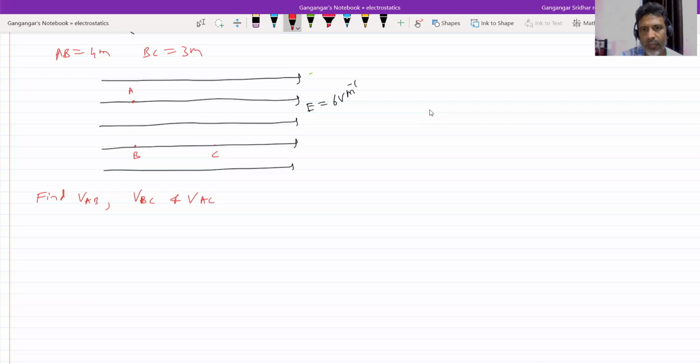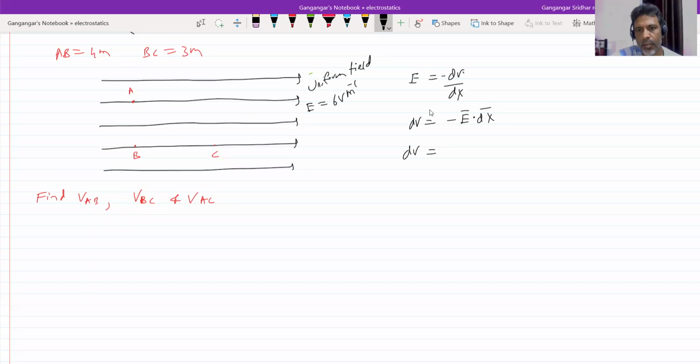Okay, let's go back to the formula. What is the expression? E equal to minus dV by dx, no? So this will be further dV equal to minus E bar dot dx. Between any 2 points you want, look, E is a constant, as it is uniform.